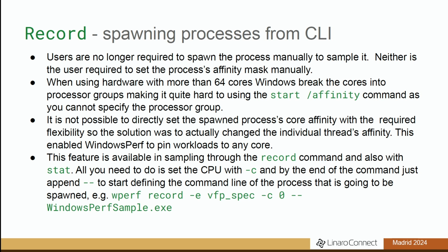Another problem was that on our Ampere Ultra, which has more than 64 cores, you couldn't do this on the command line because the DOS start affinity command did not work, because Windows separates systems with more than 64 cores into processor groups. Start affinity doesn't work in that case because you can't select the processor group. So you had to open Task Manager and manually select the core. It was a great hassle.